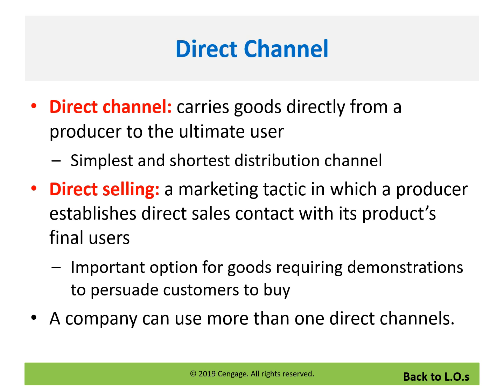This channel is often supplemented with direct selling, which is a marketing tactic in which a producer establishes direct sales contact with its product's final users. Direct selling is an important option for goods requiring extensive demonstrations for persuading customers to buy. A company can actually utilize more than one direct channel.